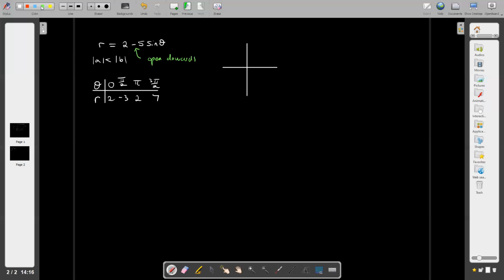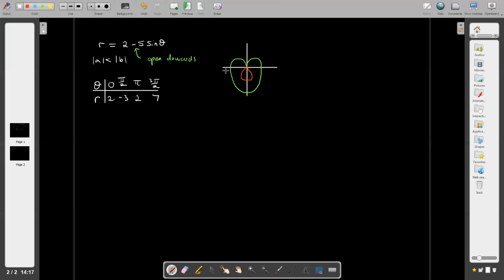So that tells us that the outside loop is, so we're going to have something that looks a bit like this. Excuse the drawing. It's going to come around like that. And then for the inner part, those are the negative R. There we go, looking something like that.